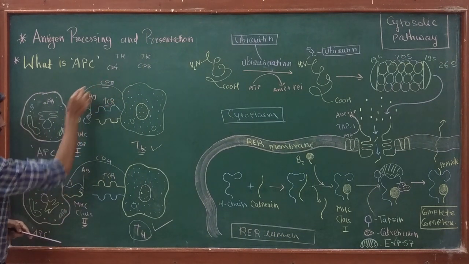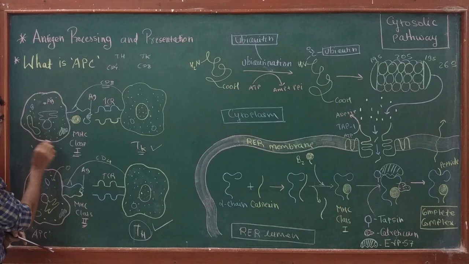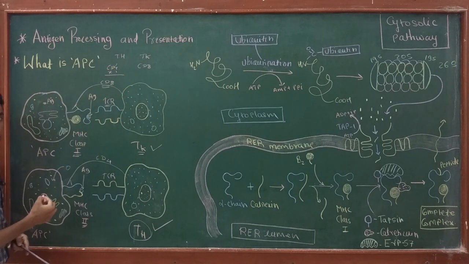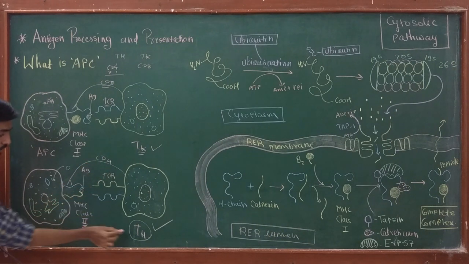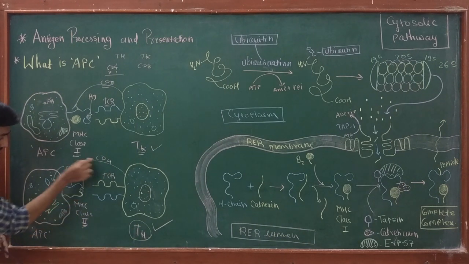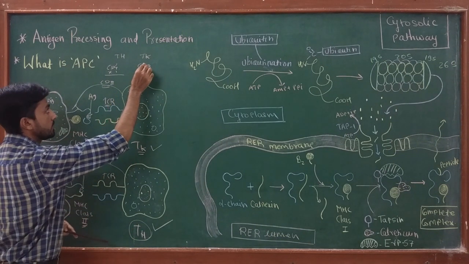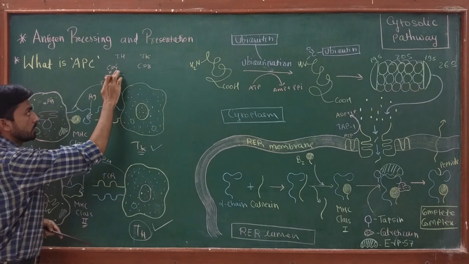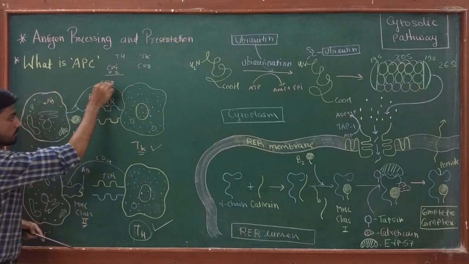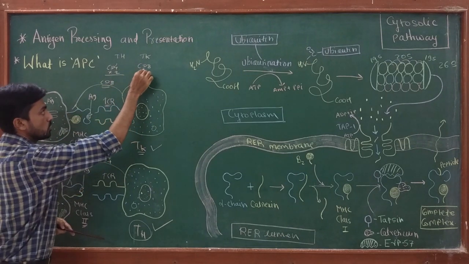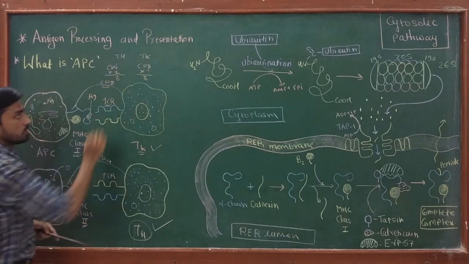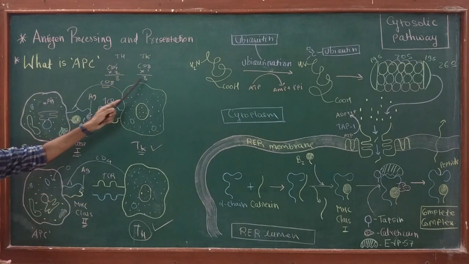Now CD8 recognizes MHC class 1 on the antigen presenting cell, so CD8 into 1, while CD4, which is present on the T helper cell, recognizes MHC class 2, so CD4 into 2. If we multiply this, the answer remains the same, that is 8.